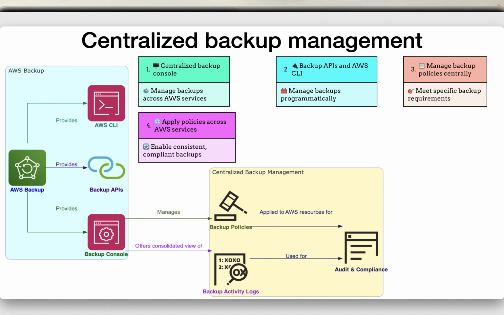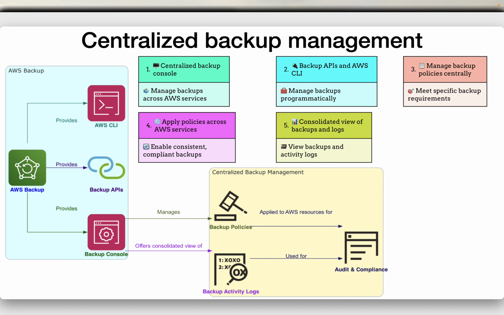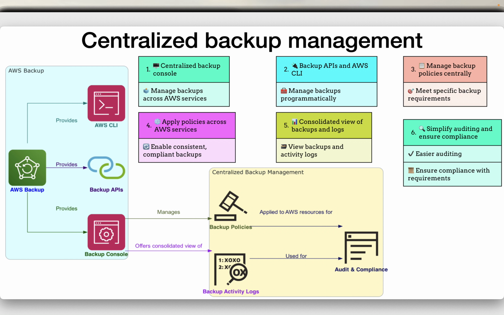You can apply the backup policies to your AWS resources across various AWS services, enabling consistent and compliant backups of your application data. The AWS Backup centralized console provides a consolidated view of your backups and backup activity logs. The consolidated view makes it easier to audit your backups and ensure compliance with your organization's requirements.